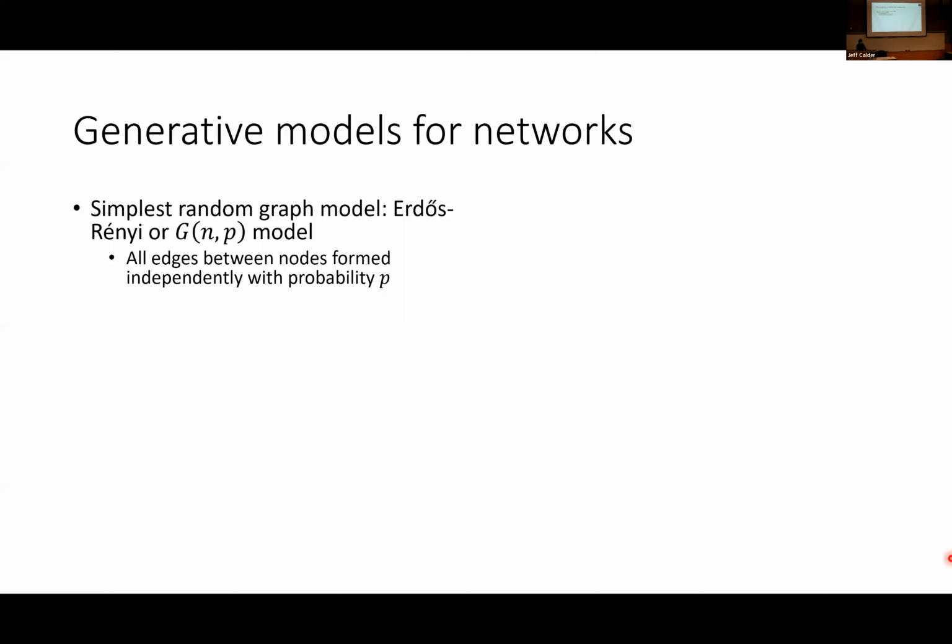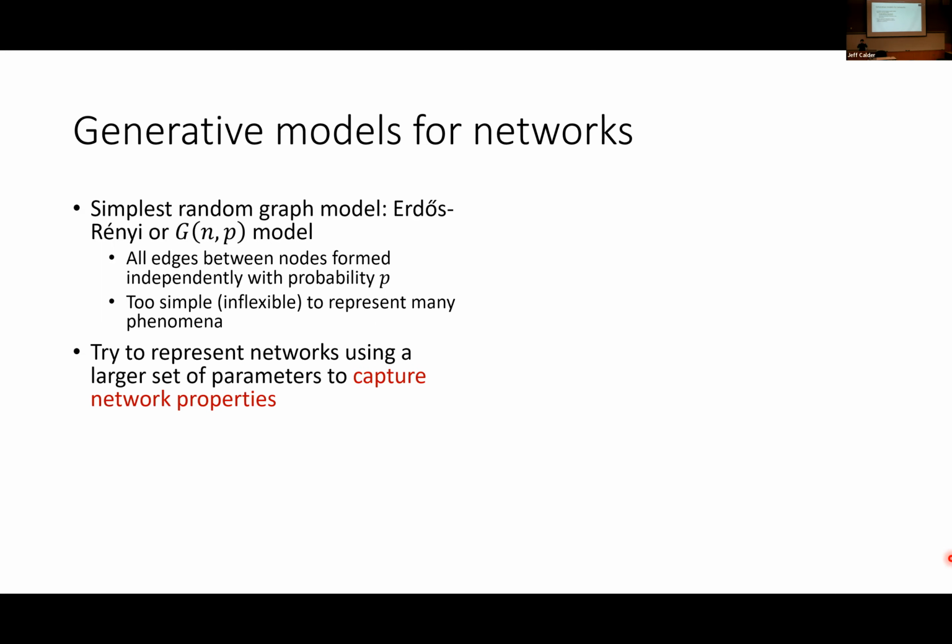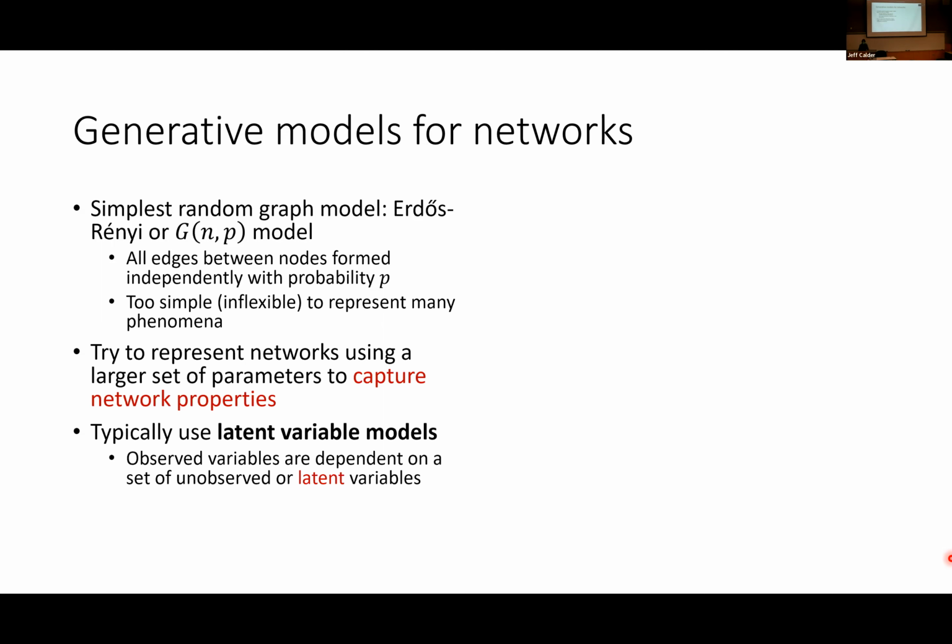When we talk about generative models for networks, the simplest random graph model, going way back, is the Erdős-Rényi or G(n,p) model. Here you just assume that edges are formed between any two nodes independently with some probability p. So it's a very simple model. It's too simple, inflexible to represent many phenomena. Normally we try to represent networks using a larger set of parameters to capture the properties in the network.